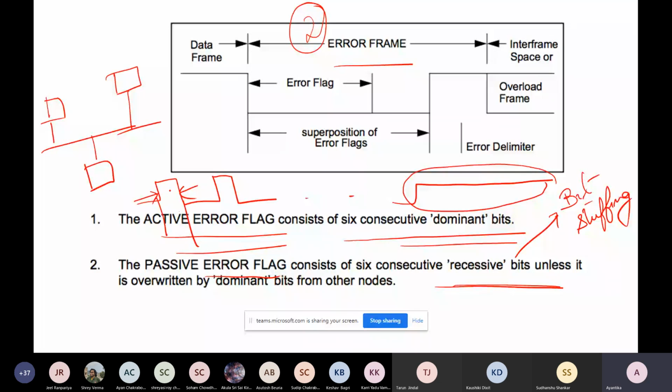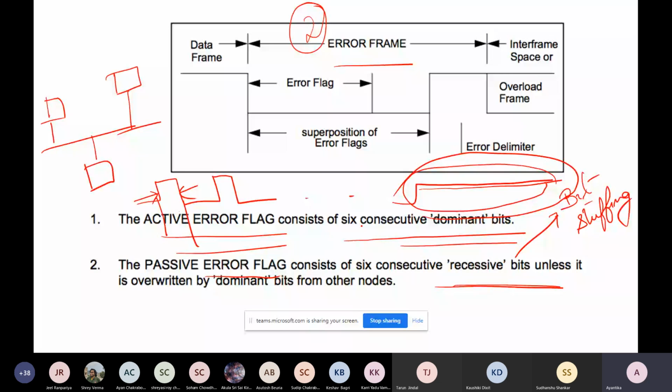When there is a transition, they can check the number of bits, and these transitions help the transmitting as well as the receiving nodes to stay in sync. But when a constant signal is transmitted, there is a possibility that the transmitter and receiver lose their synchronization.